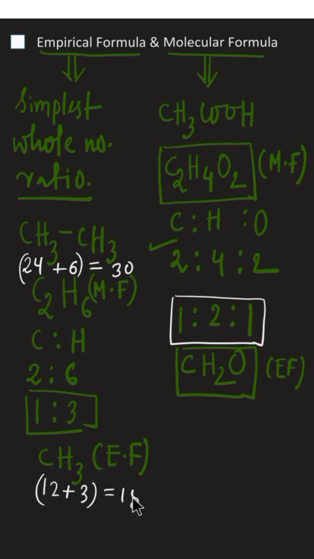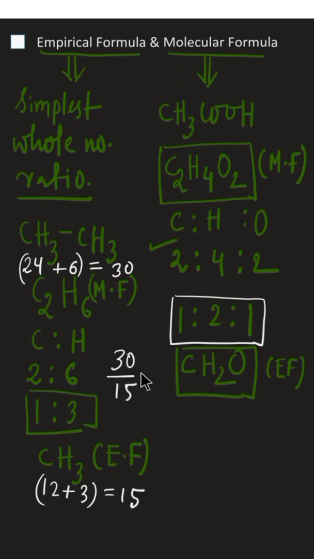Now you see the masses in the molecular formula and the masses in the empirical formula. These two masses will hold a whole number ratio, like 30 divided by 15, that is the mass in molecular formula divided by the mass in empirical formula.